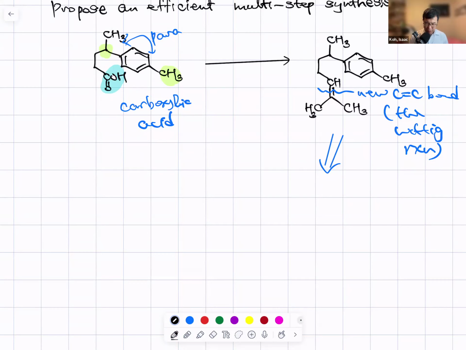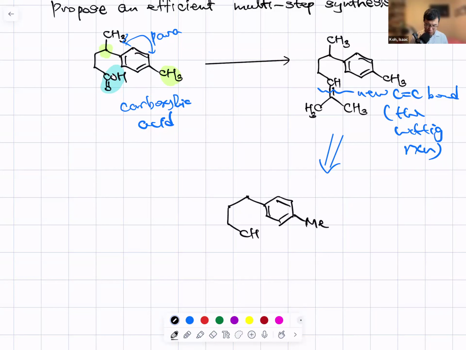So let's think about, this part is as it is, and then 1, 2, let me draw it again. So this part is 1, 2, 3, 4.